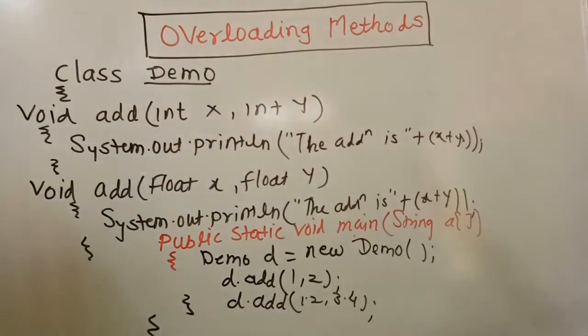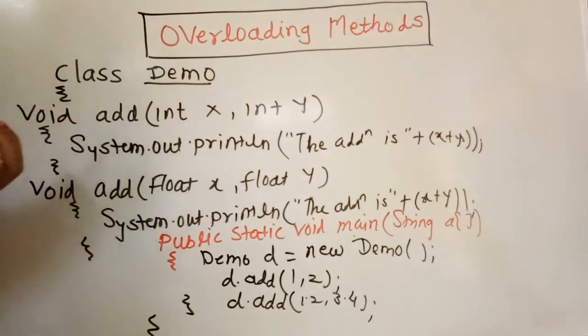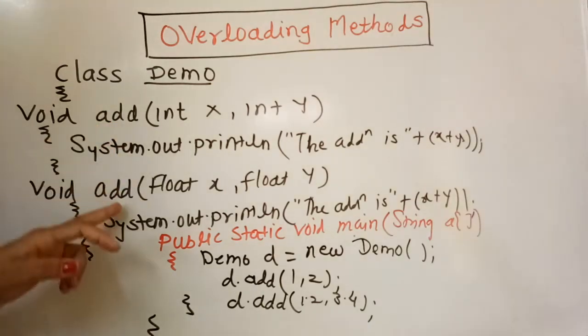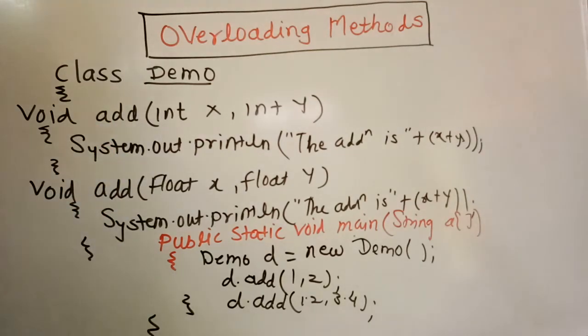The benefit of overloading is that suppose you have to add two integers, two floats, and many such things, and you give the same name so you can identify it later. So it is a solution for such mechanisms.